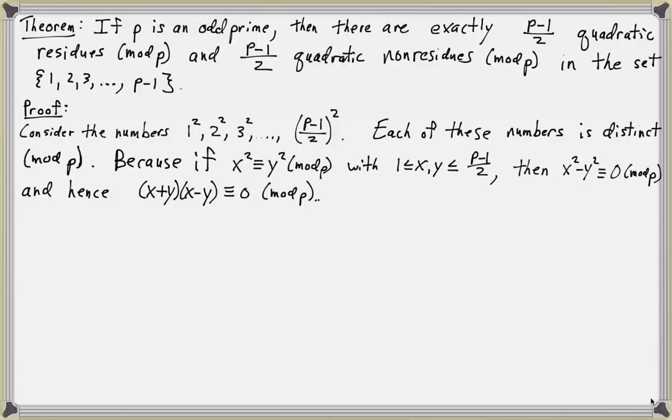Well, we proved that if a product is congruent to 0 mod a prime, then one of the two factors must be congruent to 0 mod p. So then x plus y is congruent to 0 mod p, or x minus y is congruent to 0 mod p.